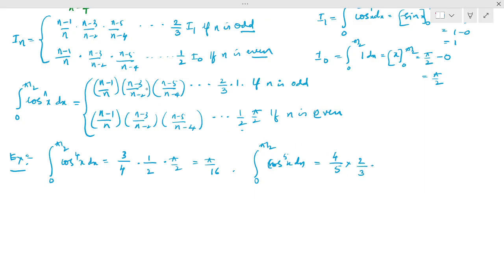The last value is n is equal to 5, so we are not going to consider this value. Either you can take it ending with 1 or stop here. So this is 4 twos are 8 divided by 15.